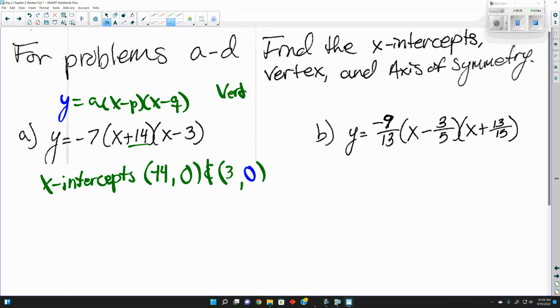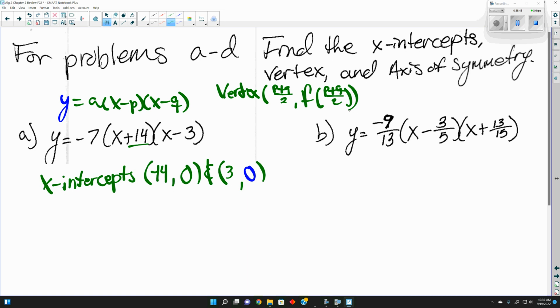Now the vertex is p plus q over 2, comma, f of p plus q over 2. And again, these are included at the back with the rest of them.